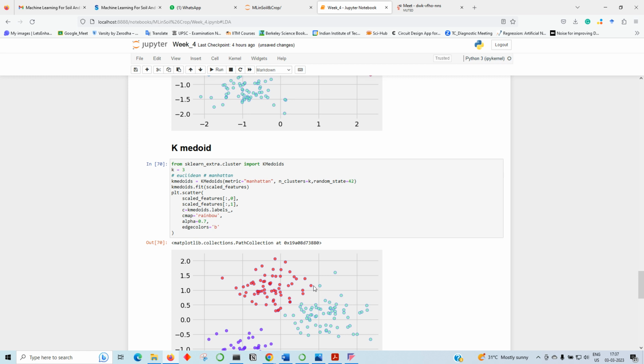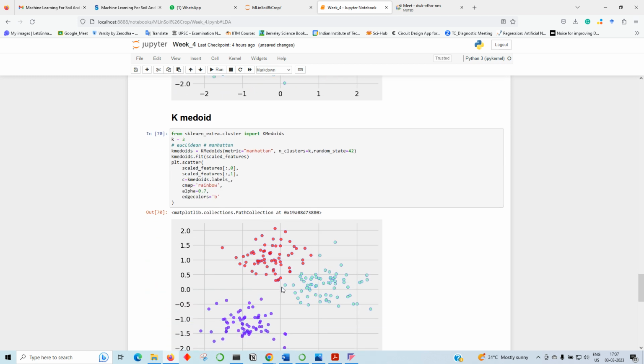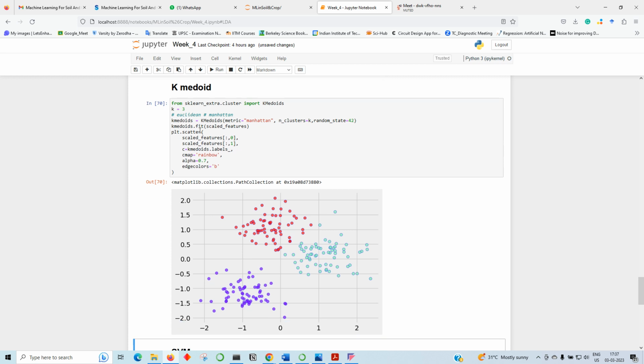Now this point is fixed, but this point you can see is swapped. So probably this example is not the best to explain why k-medoid is better than k-means, but I just wanted to show how to use these things in your example.